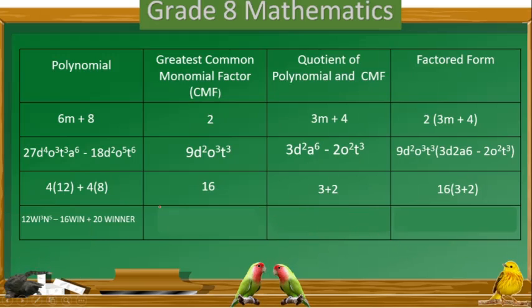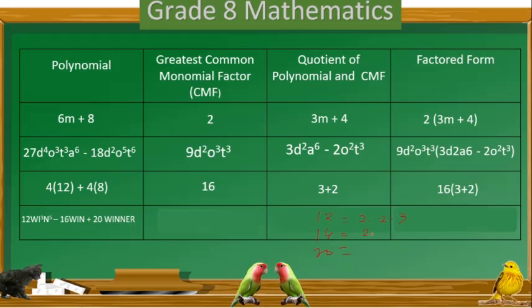And the last one is, we have 3 terms. As you can see, the variables are not the same, so we will only focus on the numerical values, which are 12, 16, and 20. Okay, what are the factors of these? This is 2 times 2 times 3.